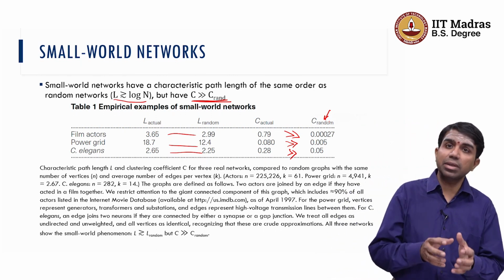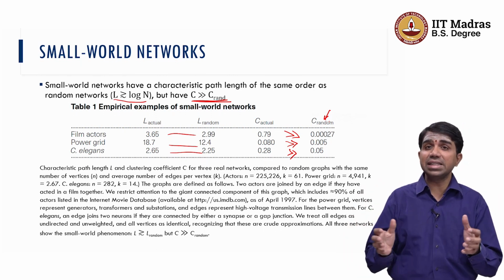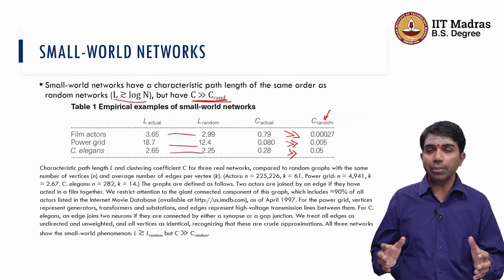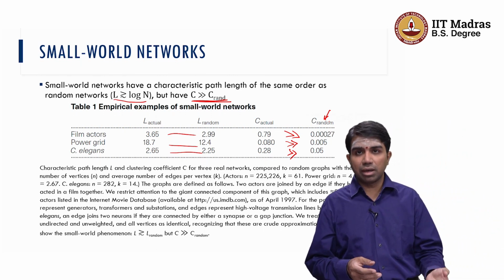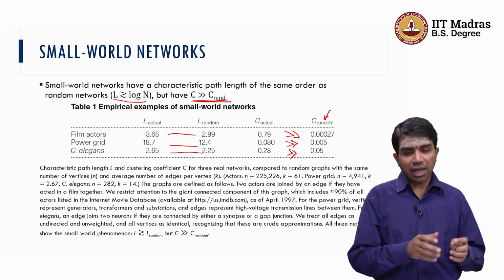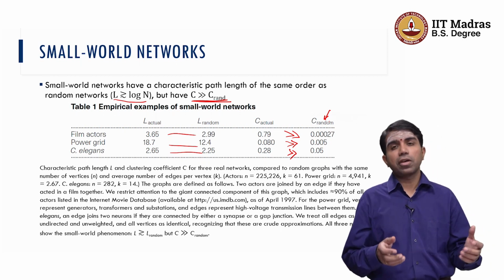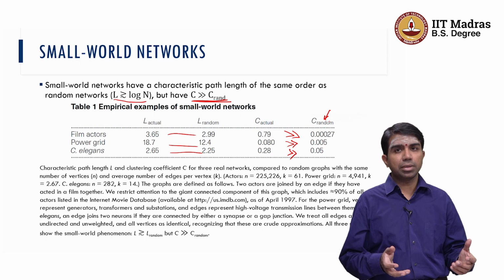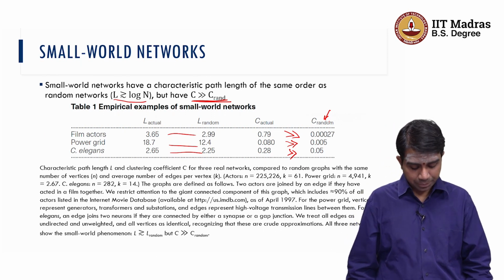When you generate similarly sized, similarly dense networks, an ensemble of them, and compute properties such as characteristic path length and clustering coefficient, you find that the characteristic path length of the real network is not very different from the random ensemble, but the clustering coefficient is much different.